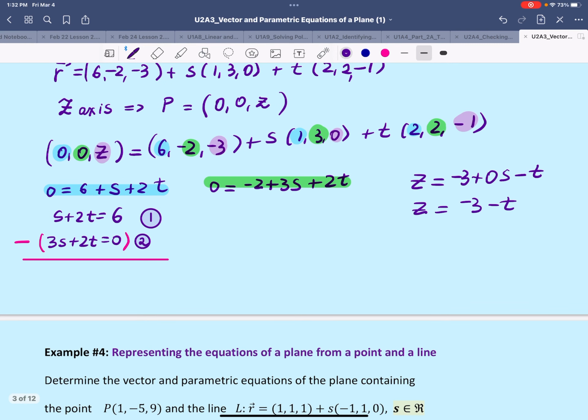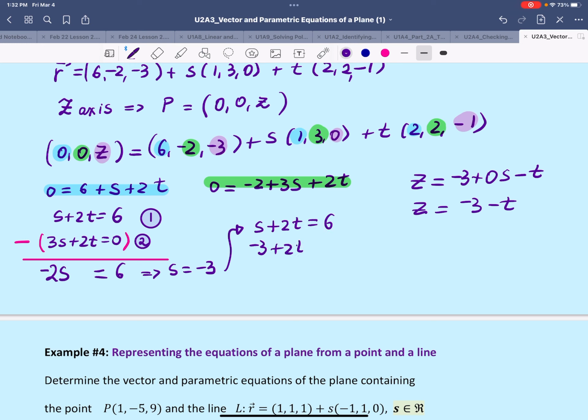So we have s minus 3s, -2s, equals 6 minus 0, which is 6. Remember, here we have nothing. And that would lead us to s equals -3. Now, if s equals -3, then we can use either equation. I'm going to use equation 1, s plus 2t equals 6.